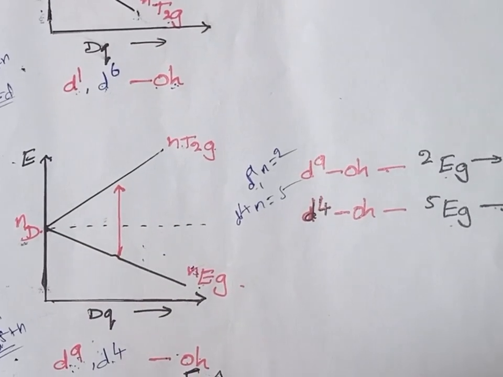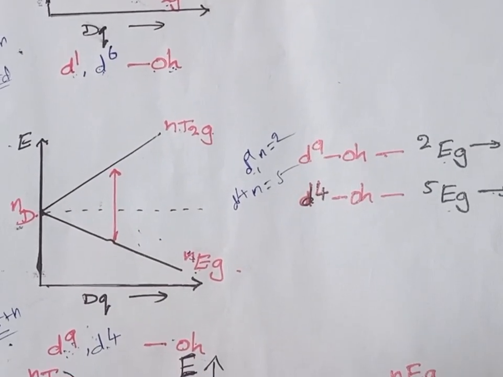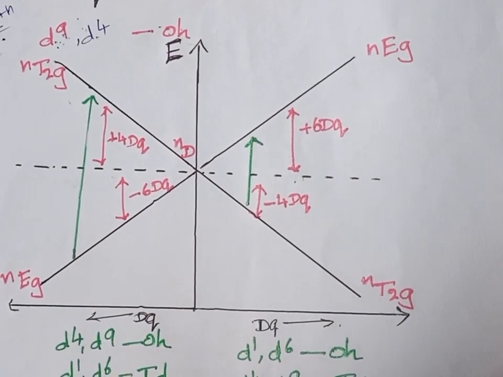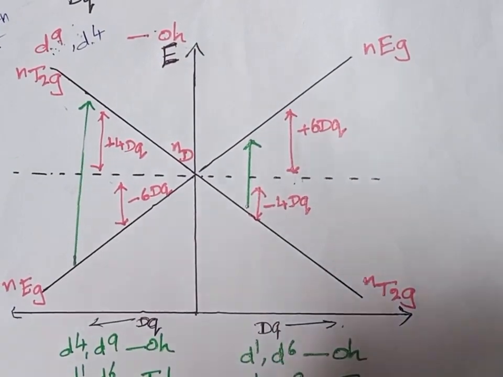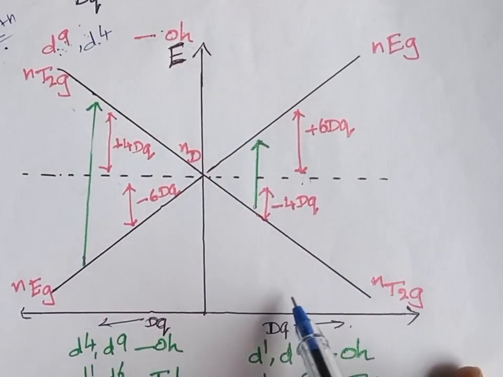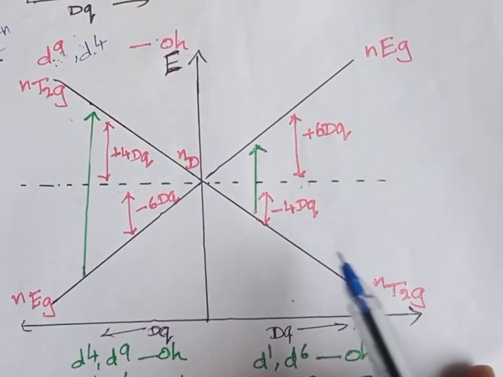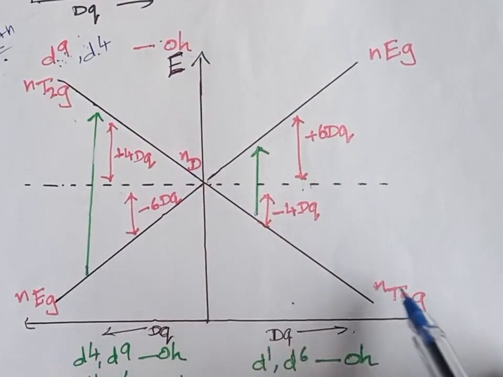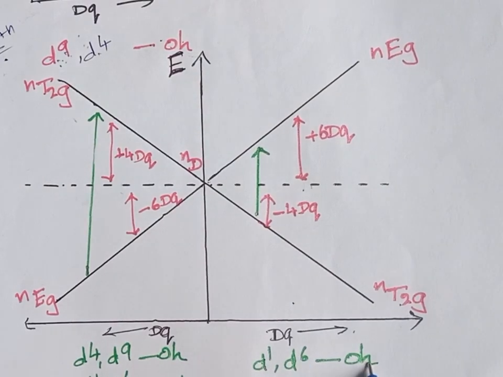So if we construct the common diagram for these 4 electronic systems, it will be like this. So this is the energy versus crystal field strength. Okay. So as we constructed for D1, T2g, Eg. So D1 octahedral, same applicable for D6.